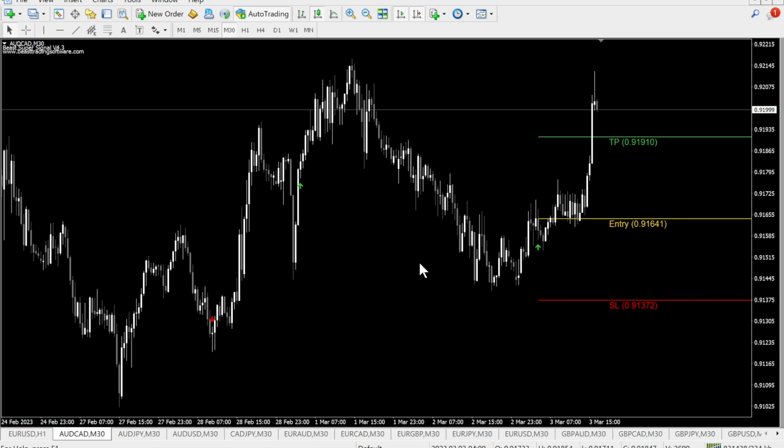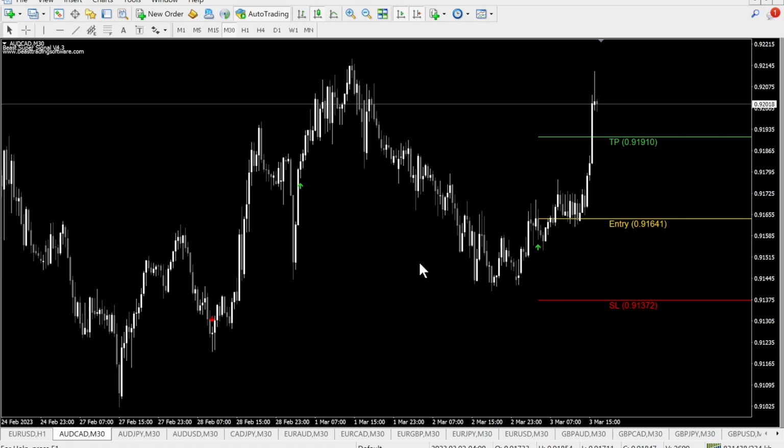Also, for this video, I'm not using default settings. I'm using the optimized settings, which I provide to everyone who uses this indicator. When you purchase this indicator, I will send you optimized set files which you can use, and these are the exact set files I'm using for this video. So the signals you're seeing now are the exact signals that you would have had yourself if you were using the set files I provided.